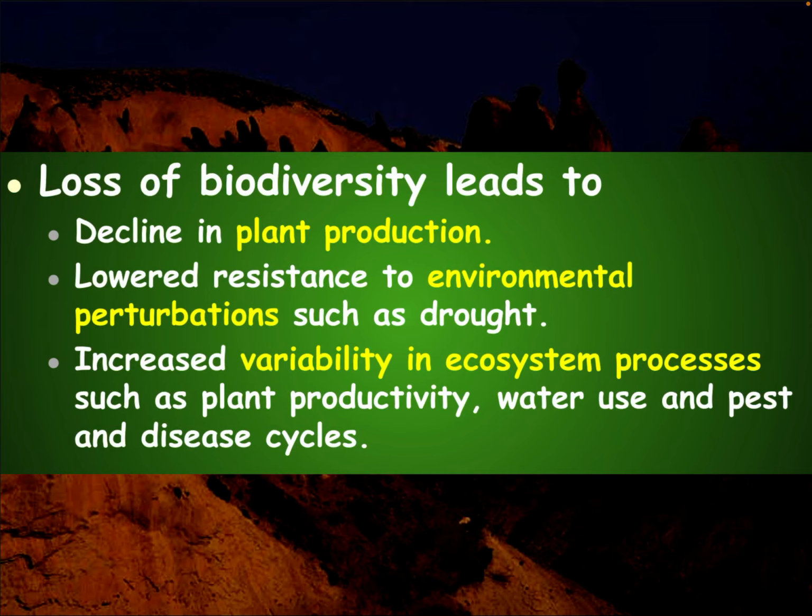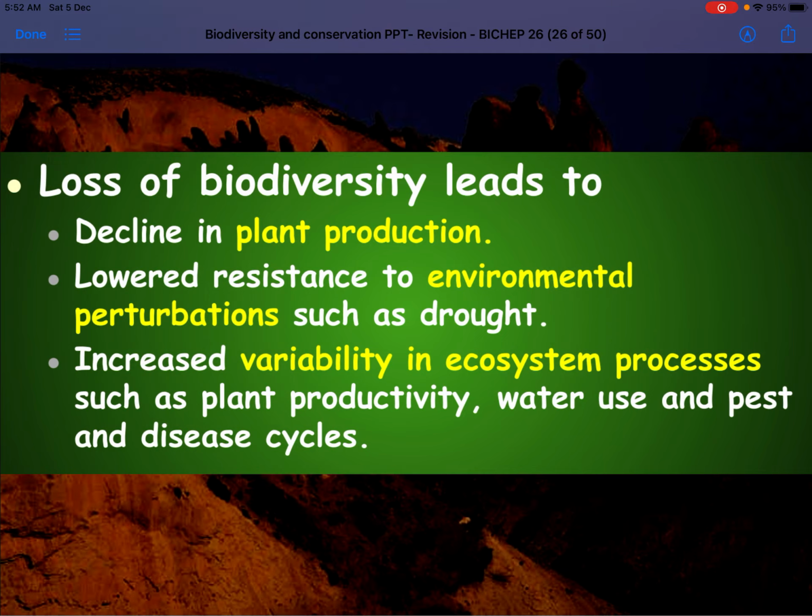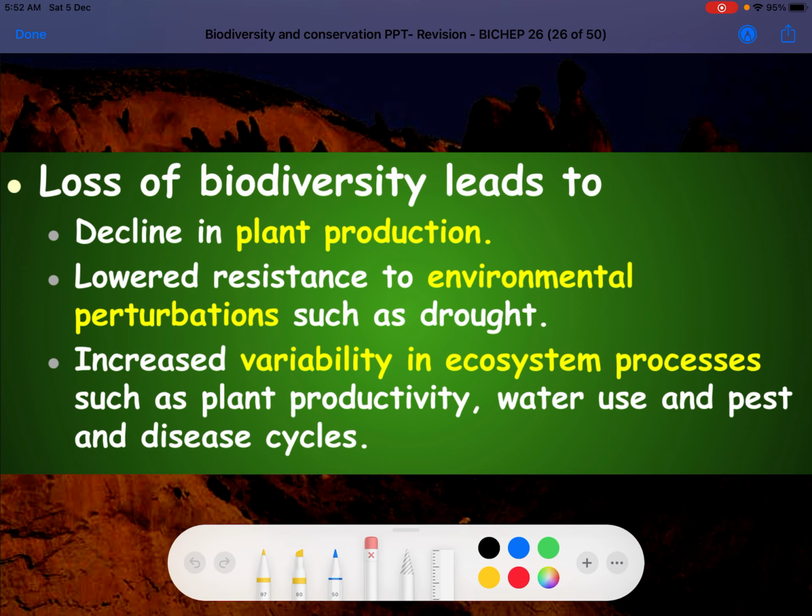Now, the effect of loss of biodiversity, how it is going to harm us. Number one, it declines plant production. So the straight effect is on primary and secondary production.